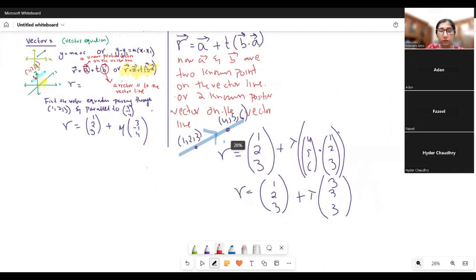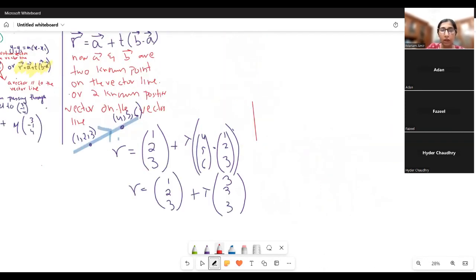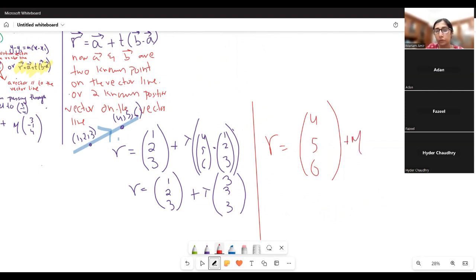So another answer to this could be R equals, I'm writing the other one first, 4, 5, 6 plus, instead of lambda I'm going to write mu, and then use the other one first, 1, 2, 3 minus 4, 5, 6.